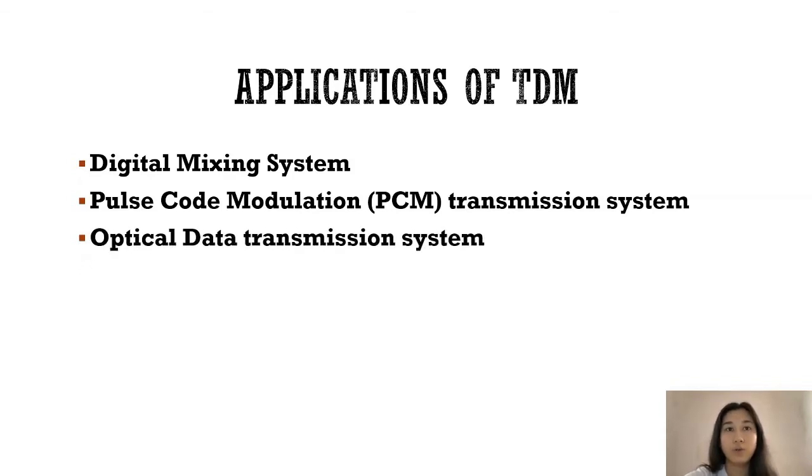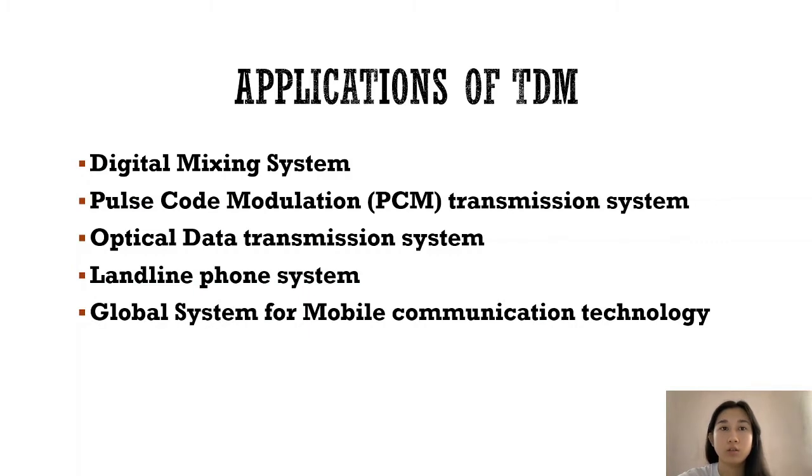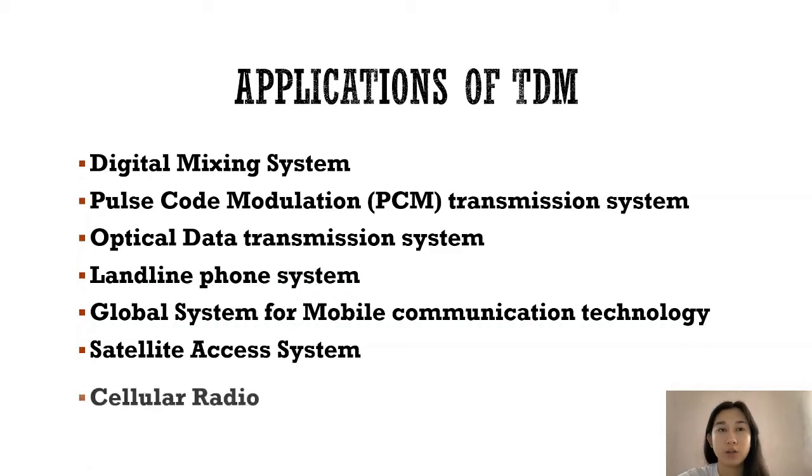Another is for optical data transmission system or optical fiber communication. For landline phone system, Global System for Mobile Communication Technology or GSM, for satellite access system, and for cellular radio.